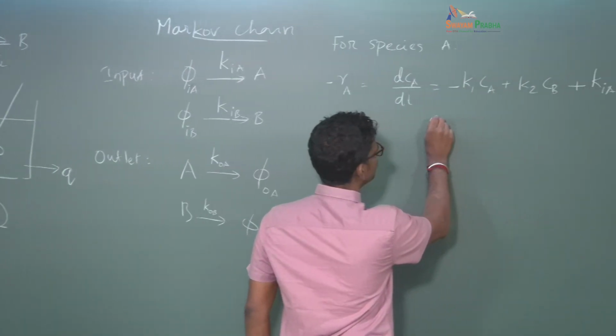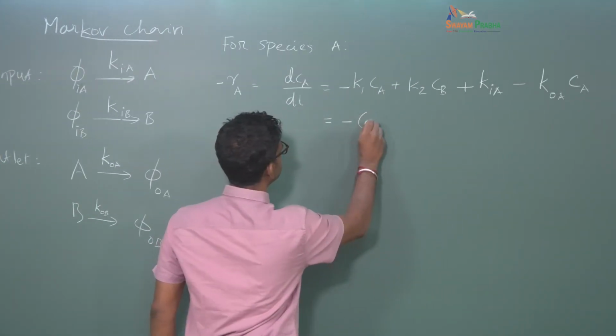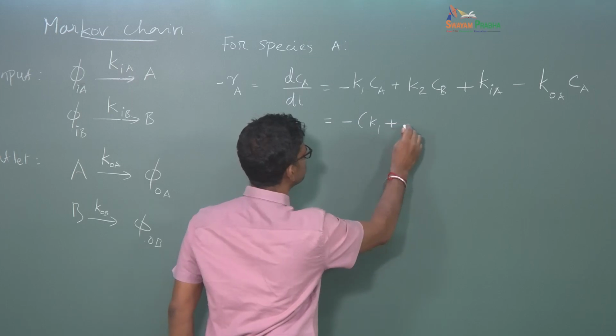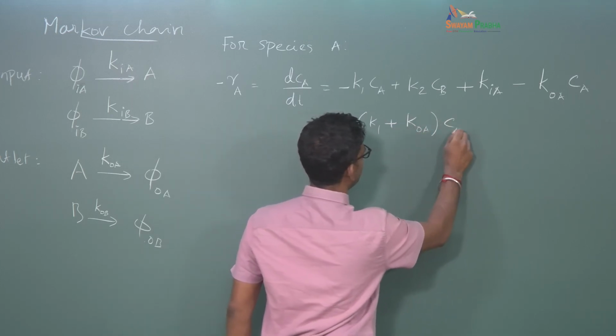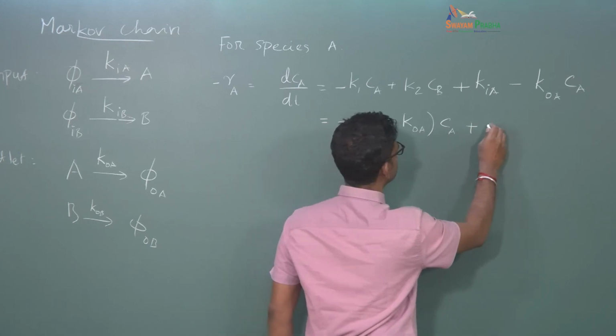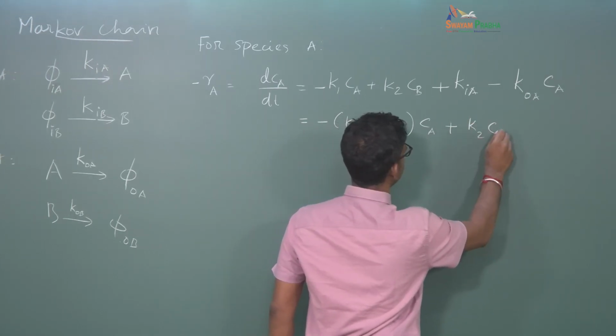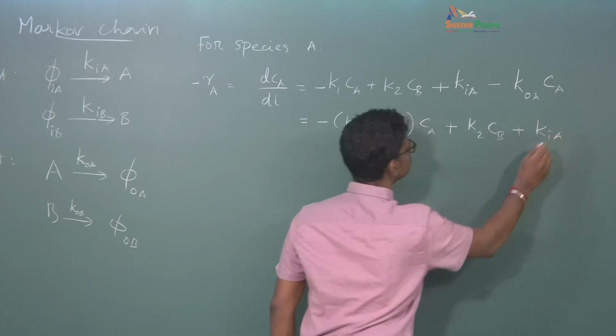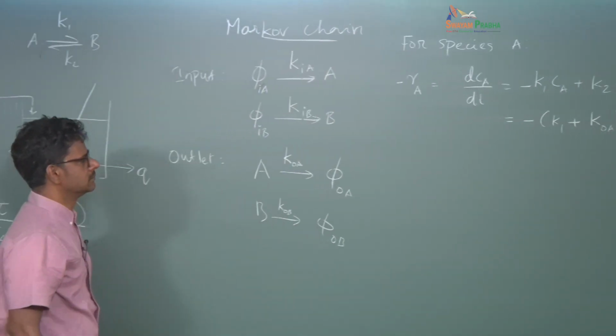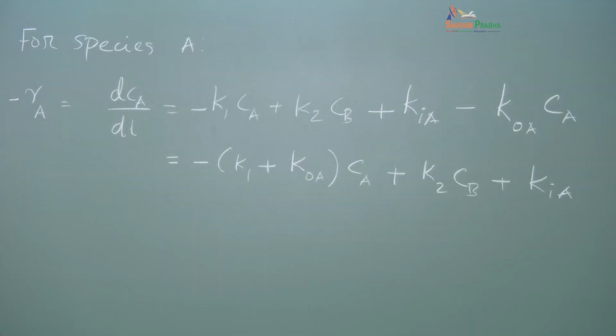something like this. So if you want, you can write this as minus (K1 plus KOA) CA plus K2 CB plus KIA. Now we will integrate this equation over a small time delta t.